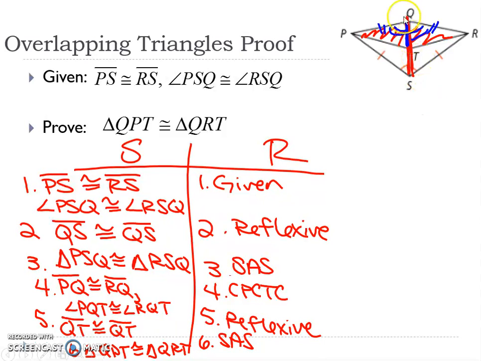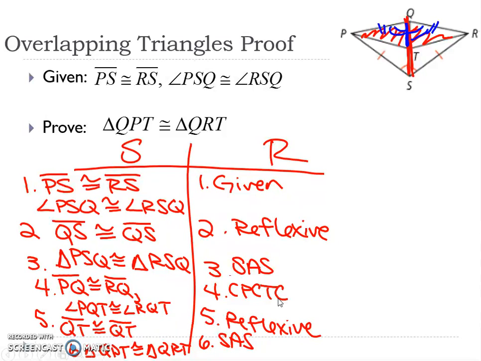And then we're going to say PQ, right here, and RQ, which is the other part of this big triangle right here. This is also congruent. You see this blue mark because of CPCTC.